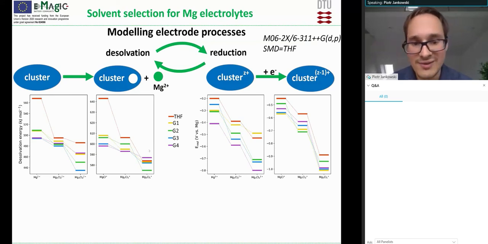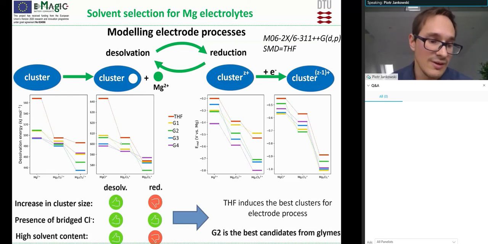And when you compare these results with the clusters that we created, we see that an increase in cluster size has a positive impact on desolvation, because it's easier to remove magnesium when there is also another magnesium in the structure, but it has a bad impact on the reduction.